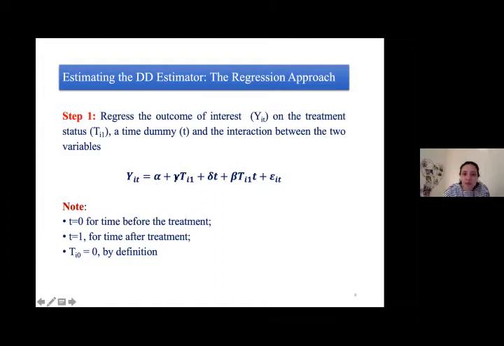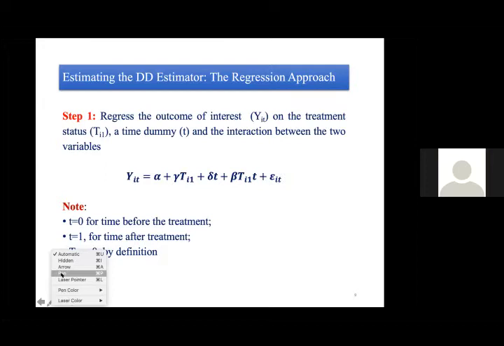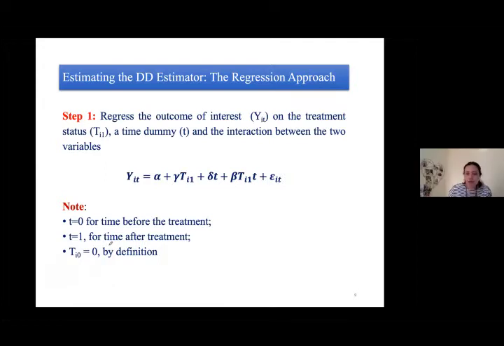What I'm including in my regression is TI1, which equals 1 if the individual is treated or 0 if the individual is not treated. And even before the start of the program, for the people who will be treated in the future, you will include the TI1. Yes, yes. So in the regression, TI1 is always here, because it can be 1 if the individual is treated or 0 if not treated.